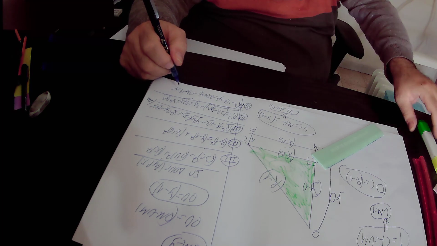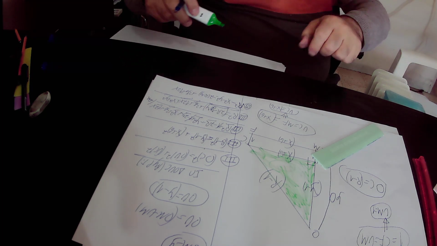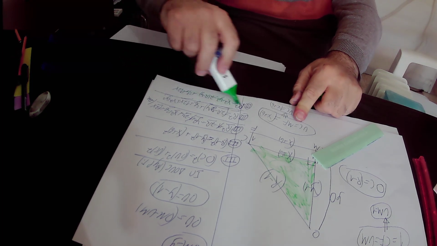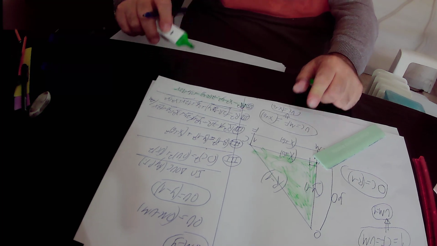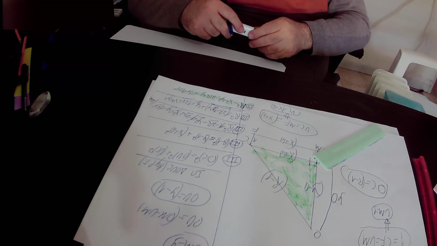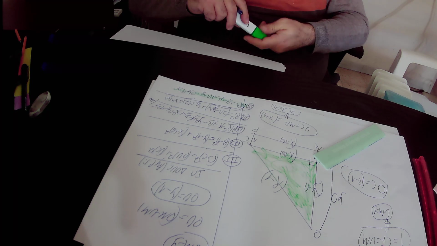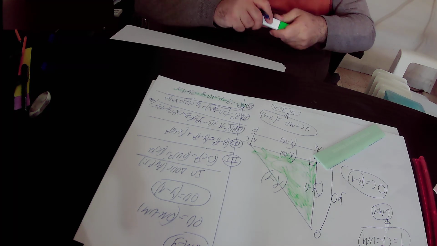So in conclusion, we found out that according to equation number 3, R squared minus X squared minus Y squared equals 2 times (R minus Y) plus 36 plus 12X.